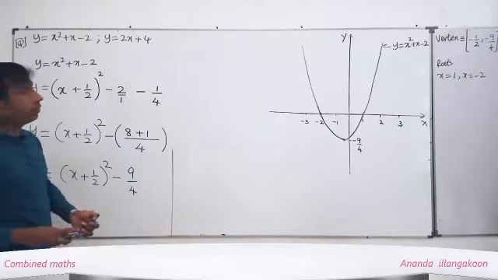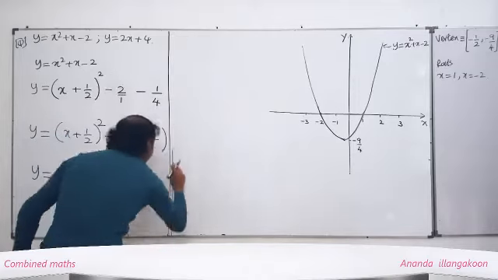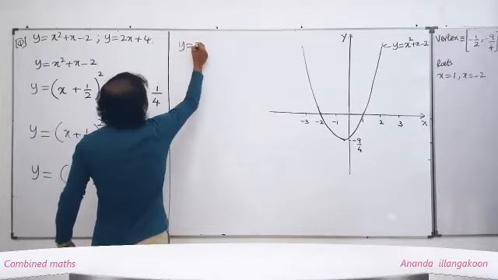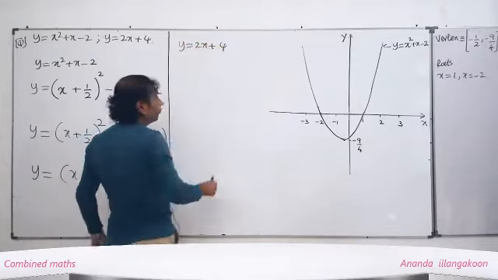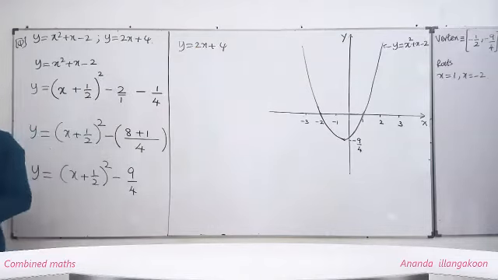Now, secondly, the line. This one, y equals 2x plus 4. People, we need two points. Put x equals 0, and then find the y value.